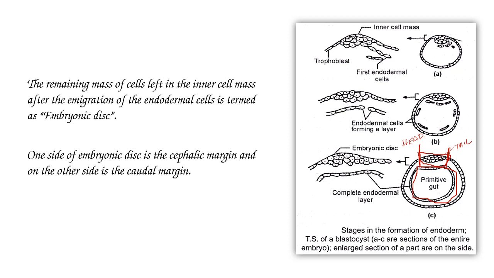So what is an embryonic disc? After completion of emigration of endodermal cells from the inner cell mass, the remaining cells are termed the embryonic disc. This embryonic disc has two margins, the cephalic margin, the head margin, and the caudal margin, the tail margin.